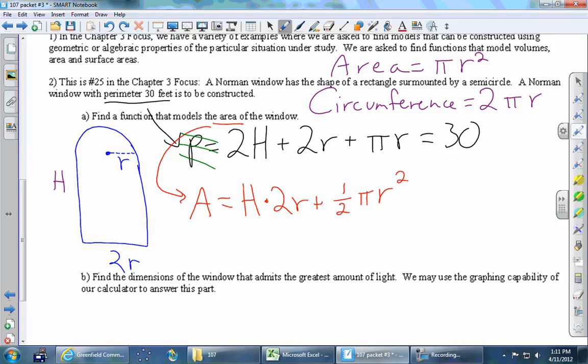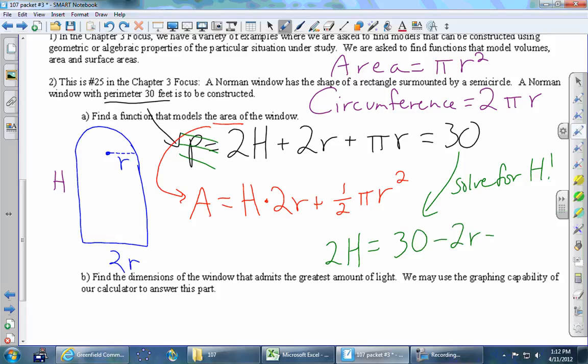Solve for h. First thing we need to do is get the 2r and the pi r over to the right. So I've got 2h equals, how do I move those terms to the right? Subtract. So we used to have 30, and then we have, everybody see that?